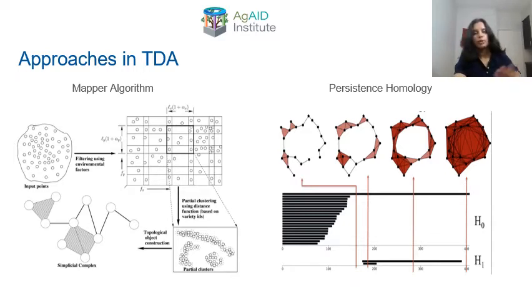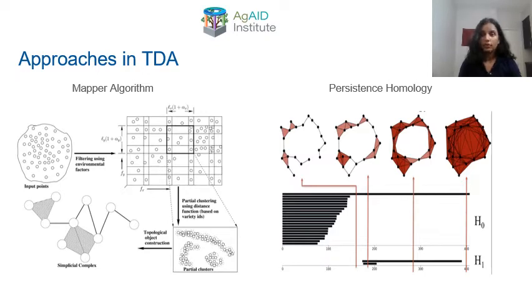What you basically do in the mapper algorithm is take a point cloud, pick a filter function, divide up your point cloud into subspaces based on that. You then apply clustering algorithms on these subspaces to get a graph which holds the main structure of your data. An intuitive way to think about this is that you look at data through different lenses.